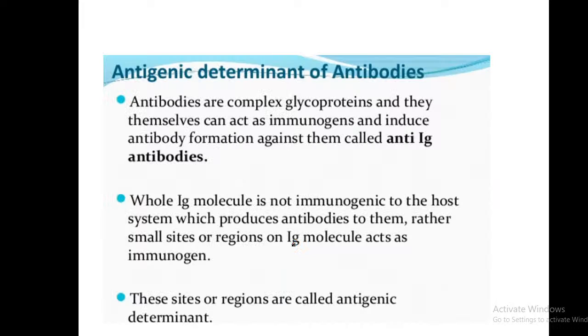So now, in today's session, we'll see what an antigenic determinant is. Or Ig determinants. Ig means immunoglobulin. Antibody is otherwise called immunoglobulin, and immunoglobulins are proteins. I said antibodies are also called immunoglobulins, and because they act on immunogens, they are called immunoglobulins.